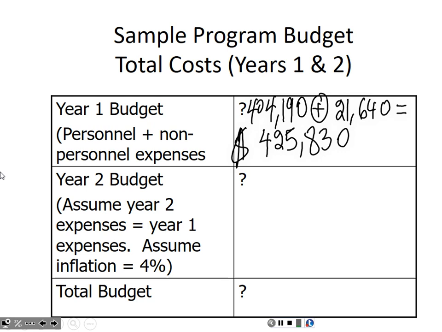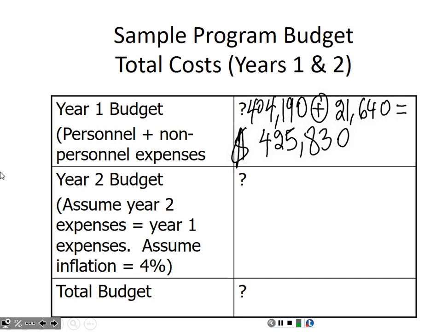In that case, all we have to do to calculate the year 2 budget is to start with the year 1 budget and increase it by about 4%. Why do we increase it by 3%, 4%, or 5%?